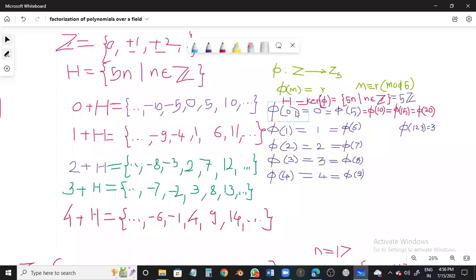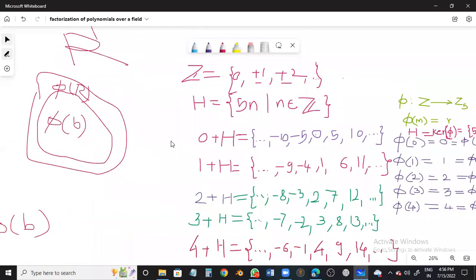We selected set H as the set of all multiples of 5. Now just go on constructing the cosets. How do you construct a coset? Select integers from Z and add them to the set that consists of some elements.